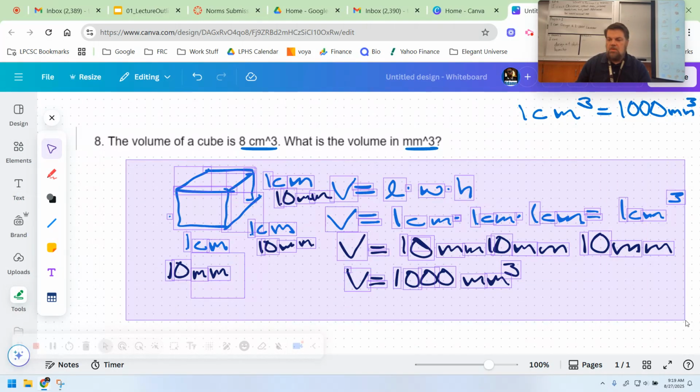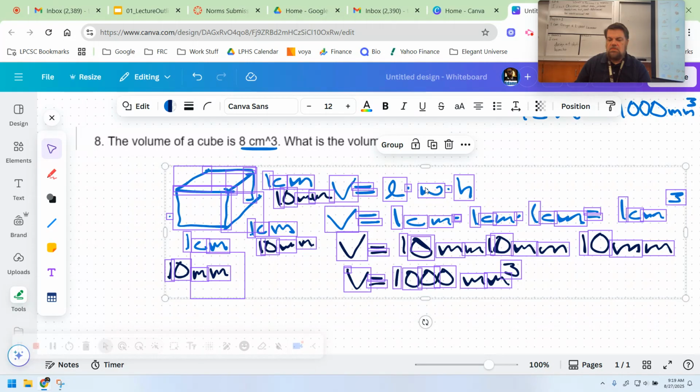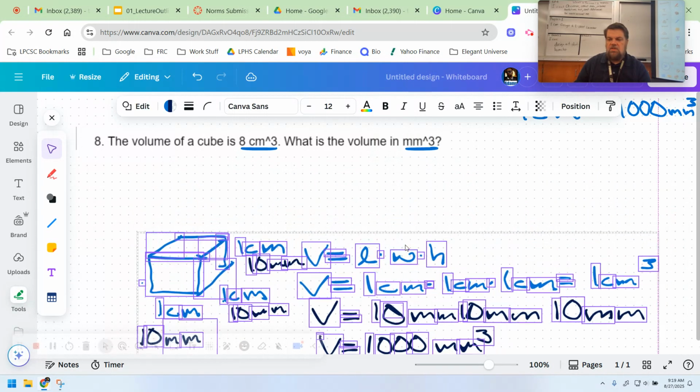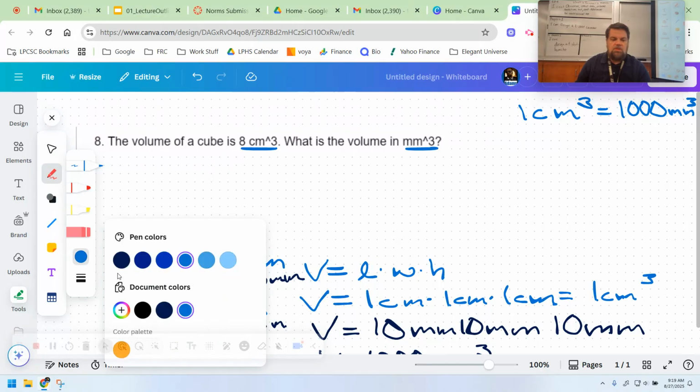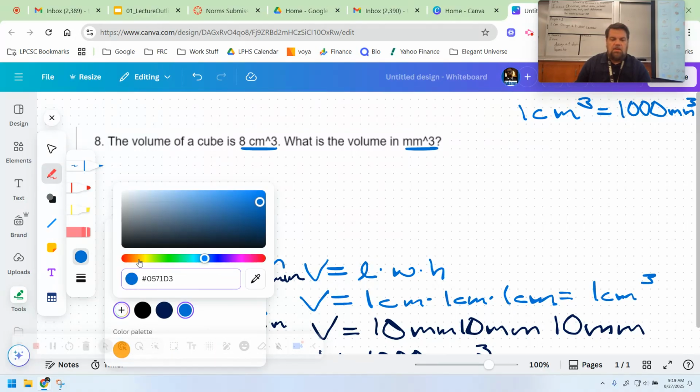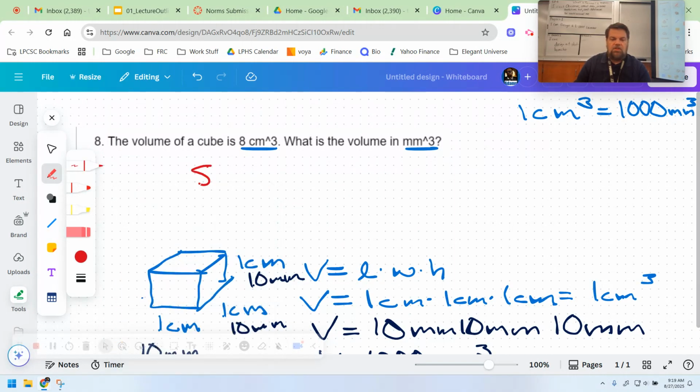All right, so I'm going to move this down a little bit. We'll move this whole thing down so I have a little bit of space to do the conversion. Did everybody have that written down though? This is the important part right here. So then I have two scenarios, and let me just draw this out too. So what I have to do is I have to convert 8 cubic centimeters, or 8 centimeters cubed, right?